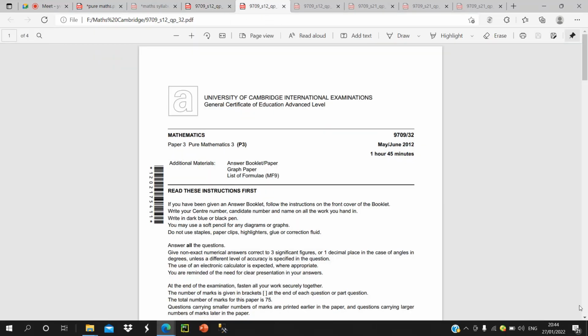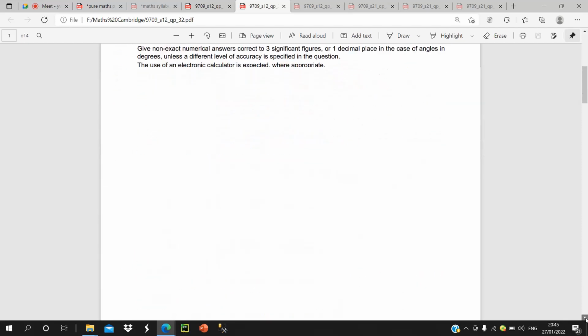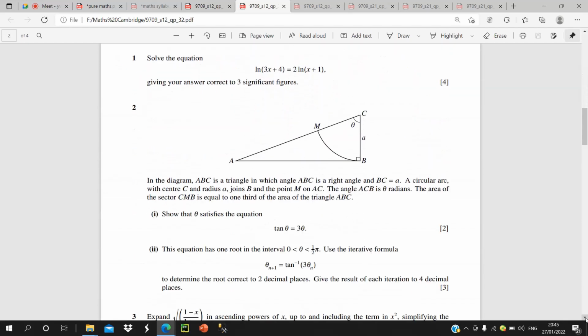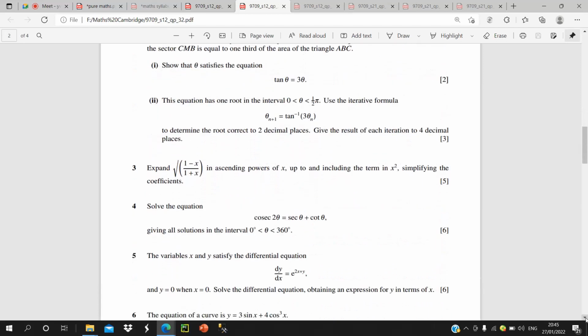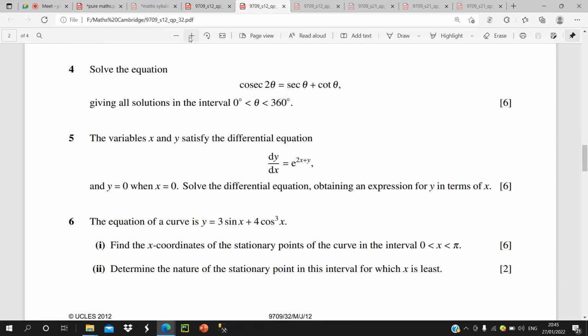Let's move on to the other one. Let's see if we can find on this paper. Let me see if we have any differential equation here. Right? This one again. On number 5, as you can see, number 5 is the same concept.